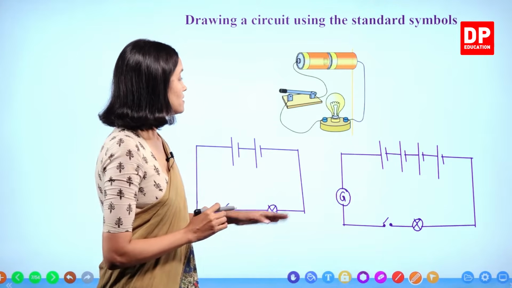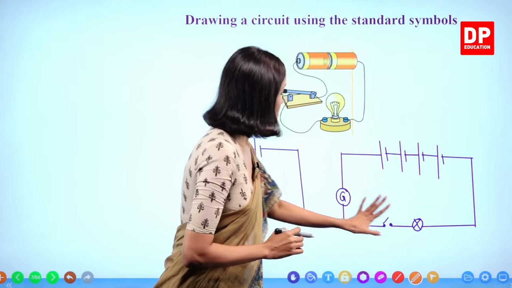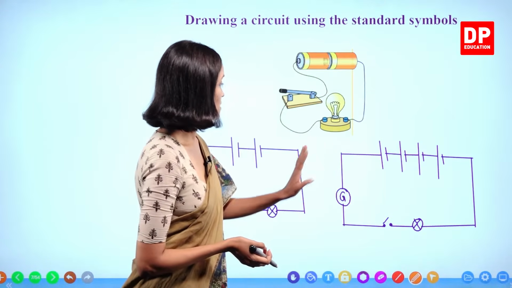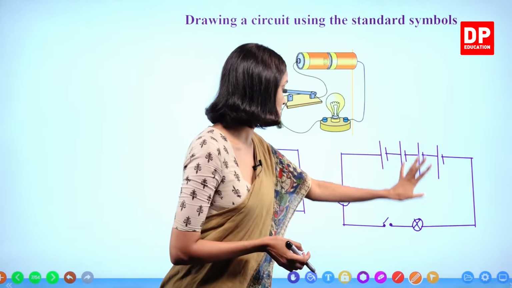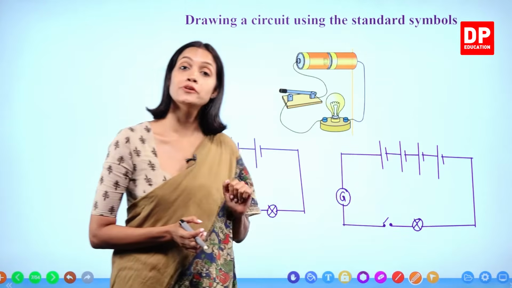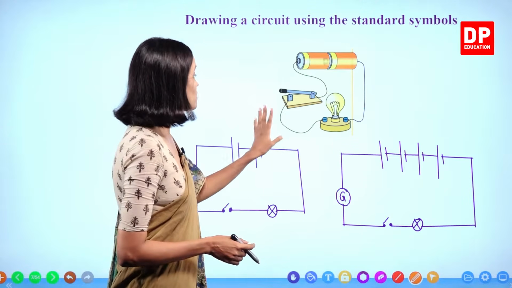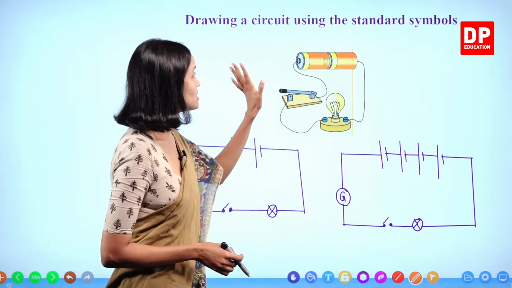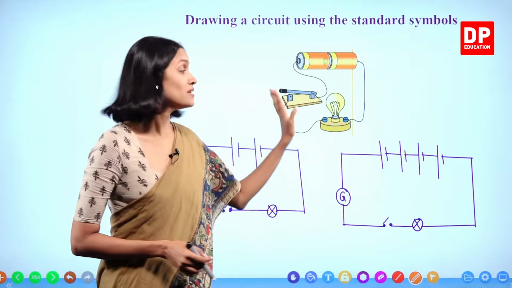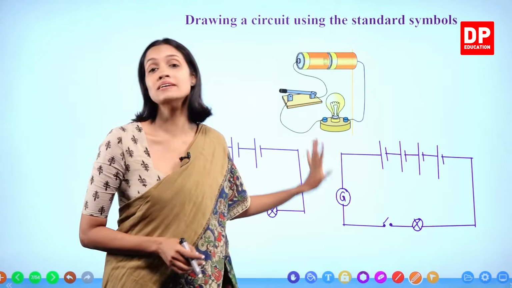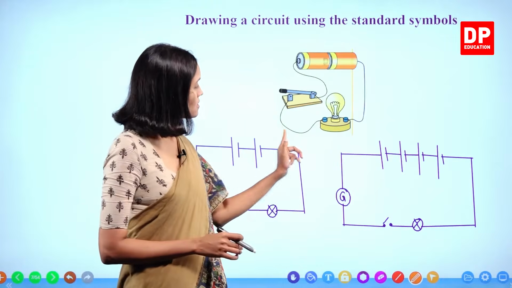Okay? So this is another circuit diagram. The galvanometer, 4 dry cells, a switch and a bulb. Okay, children? So I hope it's very clear. By using these type of circuit symbols, it's very easy to draw the circuits. Okay, children? Let's move on to the next.